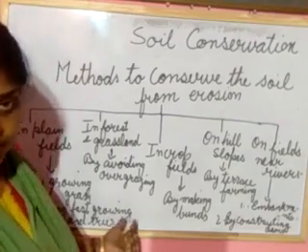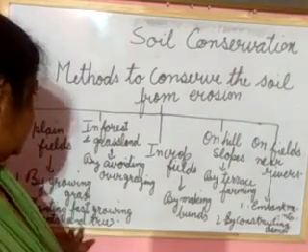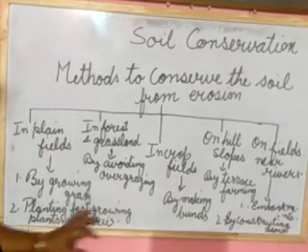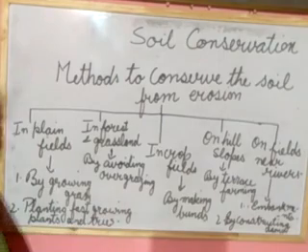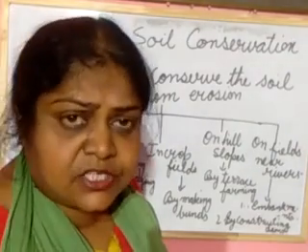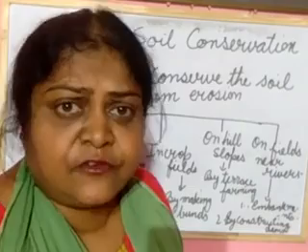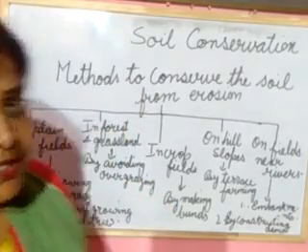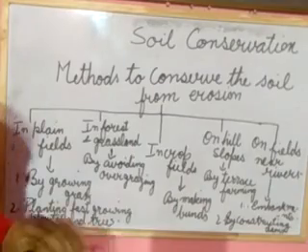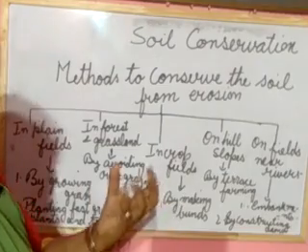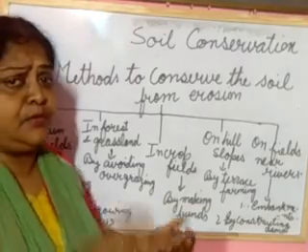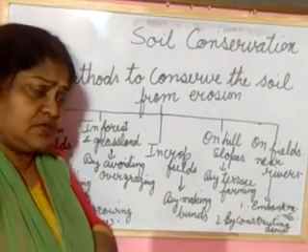So you have to know about afforestation: planting fast growing plants and trees is known as afforestation. Why do we do this afforestation? To save the soil from soil erosion. These trees or plants hold the topsoil tightly with their roots, and it helps protect the soil from soil erosion.